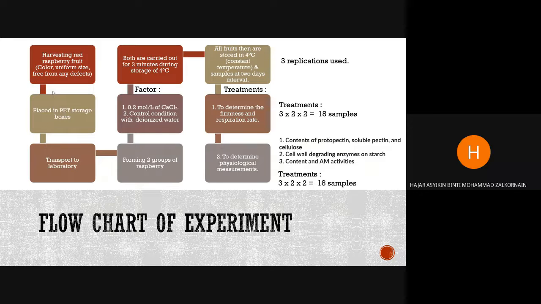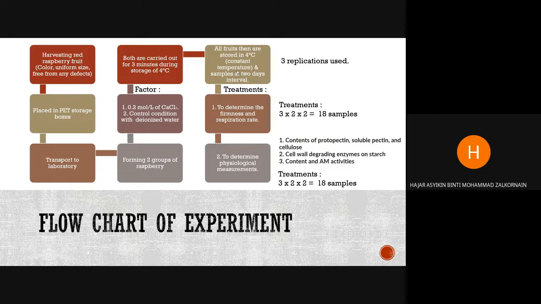Next, we place the fruit in PET storage boxes, then transport them to the laboratory, and divide them into two groups: one treated with 0.2 mole per liter of calcium chloride, and the control with deionized water. Both are carried out for 3 minutes. Then all the fruits are stored at 4 degrees Celsius, a constant temperature.